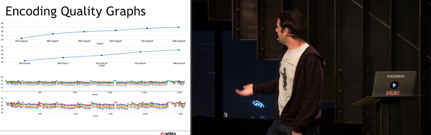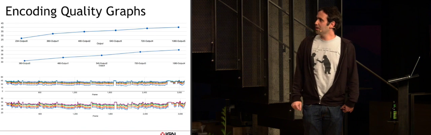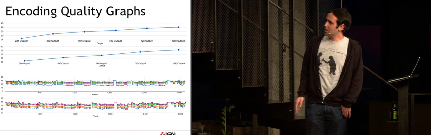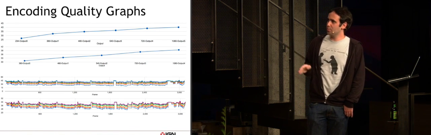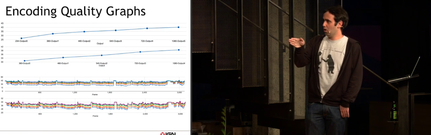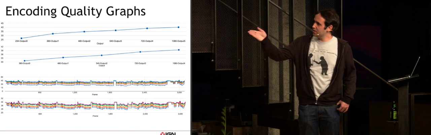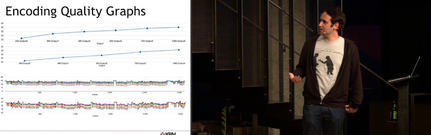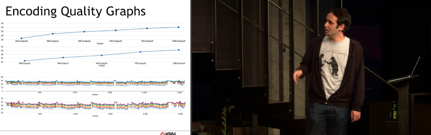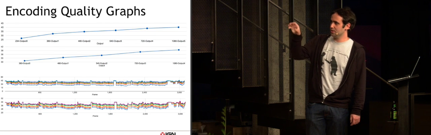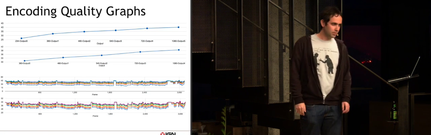So that has a massive impact on bandwidth. And then at the bottom here, this is showing the PSNR values over all of the frames in the file. One of the interesting areas, you can see where the video is less complex, where it's easier to encode, where all of the renditions are coming together.